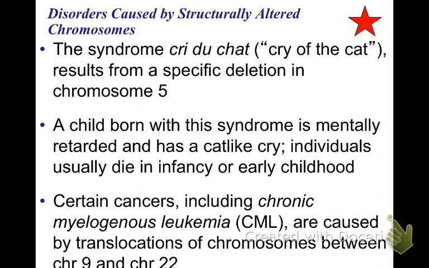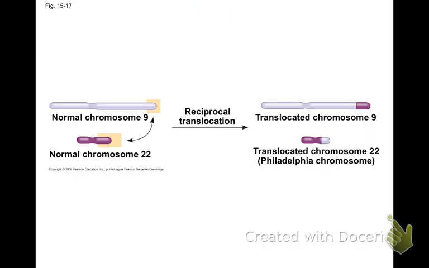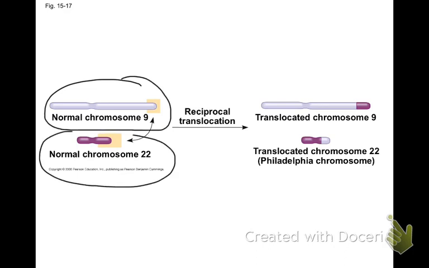Then you have another situation wherein a certain cancer, chronic myelogenous leukemia, also called CML, is caused by a translocation between chromosome 9 and chromosome 21. Okay, so here you have chromosome 9 and chromosome 21.